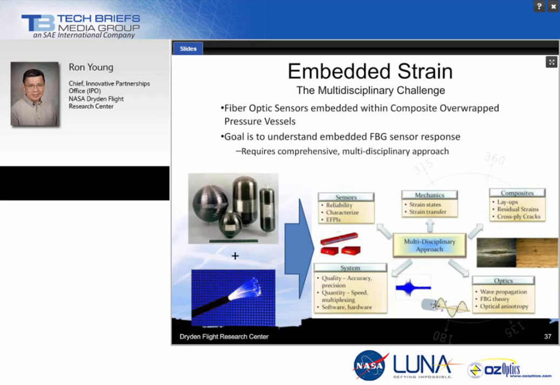Having an understanding of sensors, and especially strain gauges and strain sensing measurement technology, understanding the measurements and mechanics involved in the strain states and strain transfer. The composite materials are also an issue. If you get these lenticular pockets that develop because you've embedded incorrectly, which are shown here, you have to have an understanding of the wave propagation, electromagnetic fields, all those things, and also a background in strain system technology.